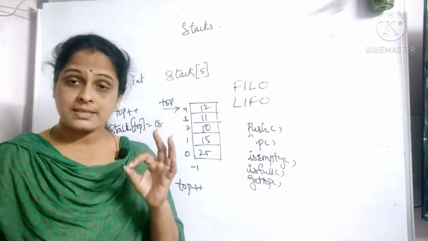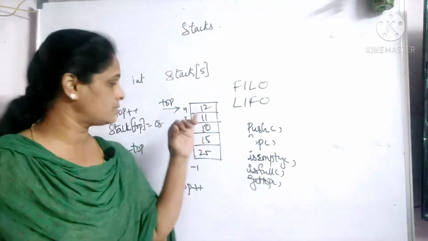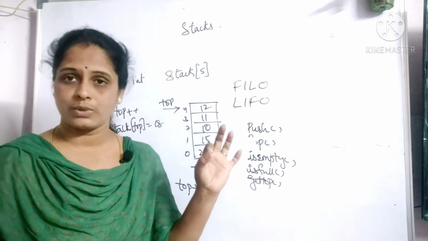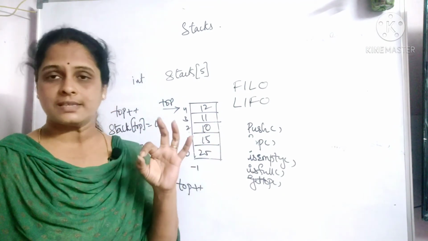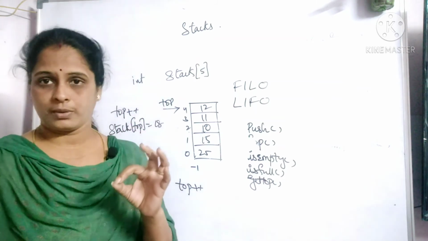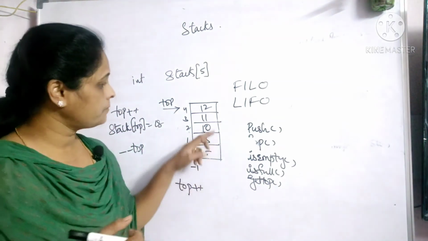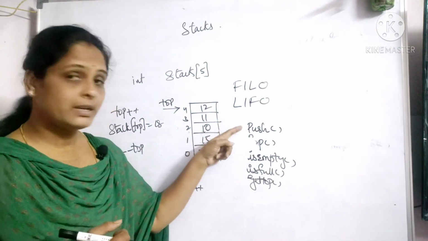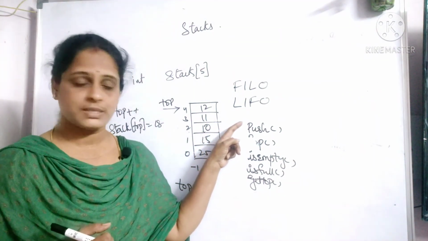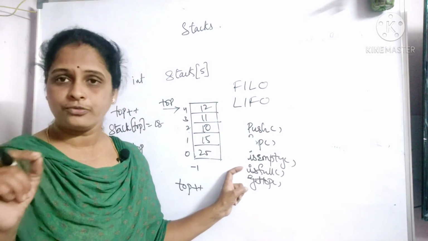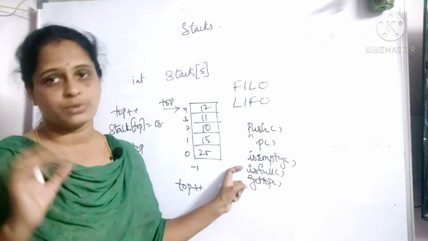When the top is at max capacity -1. Here in this case, we cannot do any further insertions, right? While you are inserting an element, before you insert, you need to check whether the stack is full. If it is not full, then only you can insert, otherwise you can't.